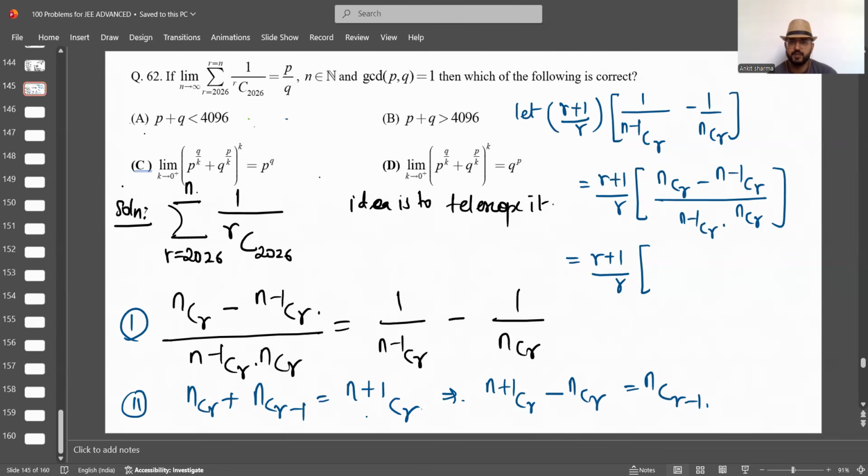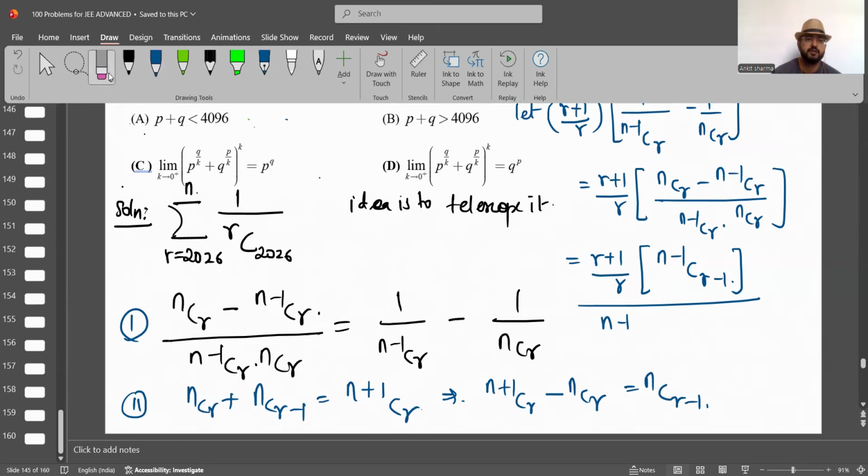If I compare this numerator nCr, instead of n I have n+1, and instead of n+1 I have n here. So if I write in that format, I have nCr minus (n−1)Cr, which gives me (n−1)C(r−1) basically. This over (n−1)Cr, I'll take it in the denominator.